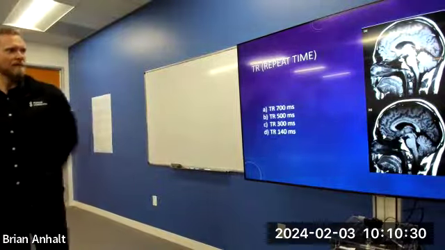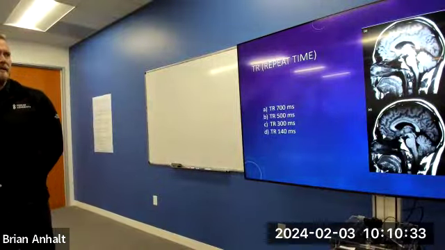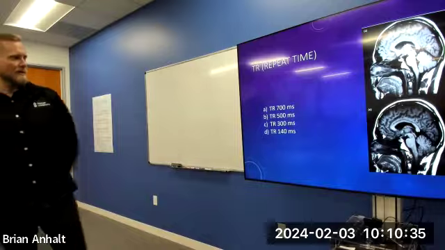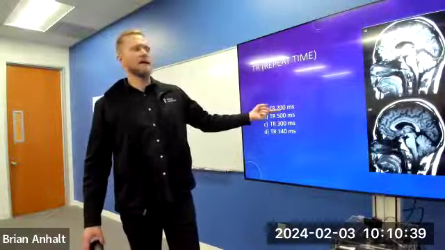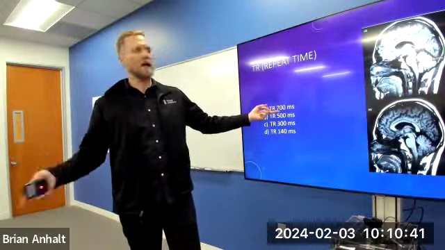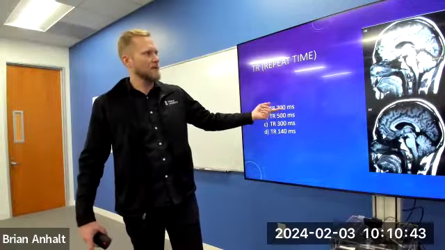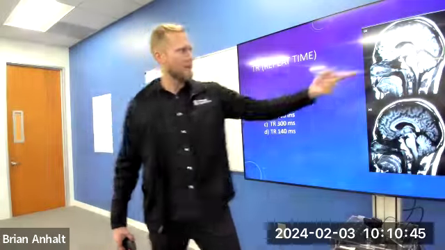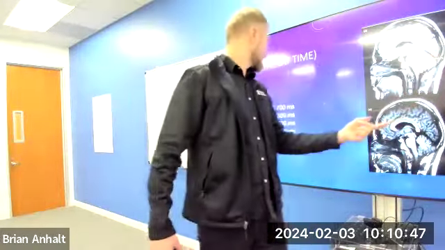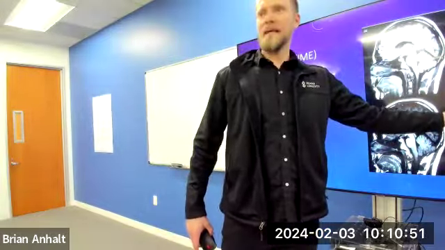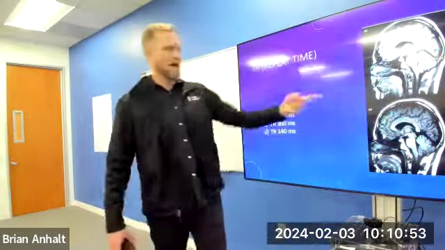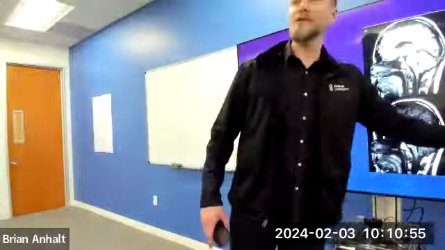Here's some examples. This is a T1 weighted image, so we know the TE is short as well. You can see it goes A, B, C, D. A is 700 milliseconds, right? We're at the top edge of what our TR needs to be for a T1 weighted image. 500, 300, and 140, right? If we lower our TR too much, it's a lot of contrast here, right?